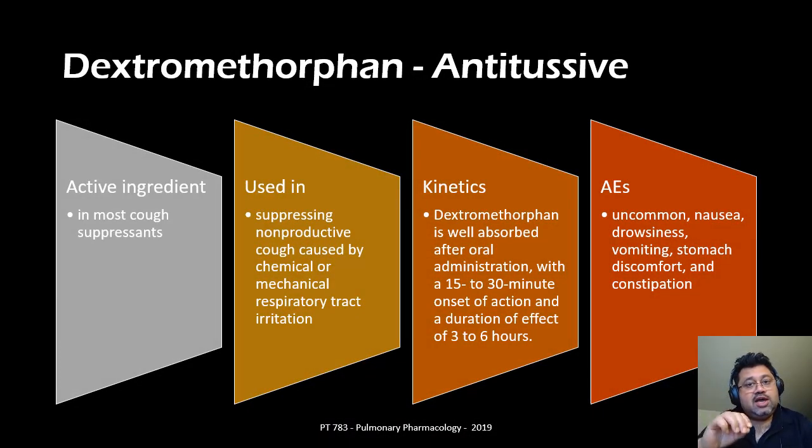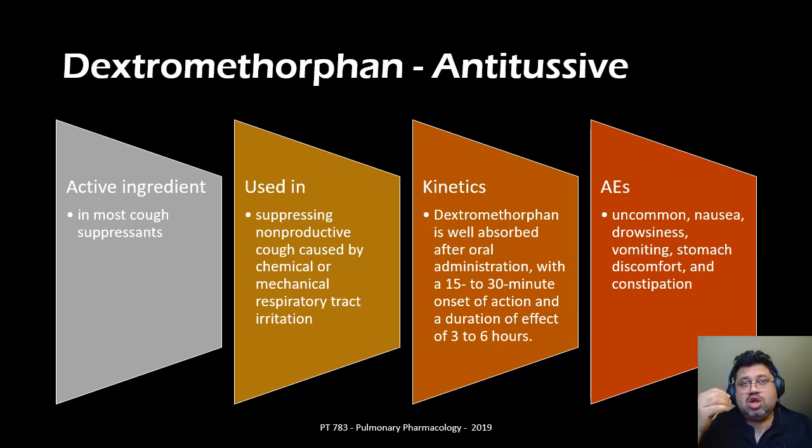Dextromethorphan is a highly effective cough suppressant. It is the active ingredient in most cough suppressants. So it is used in suppressing non-productive cough. That is, cough that does not have associated expectoration of sputum with it.